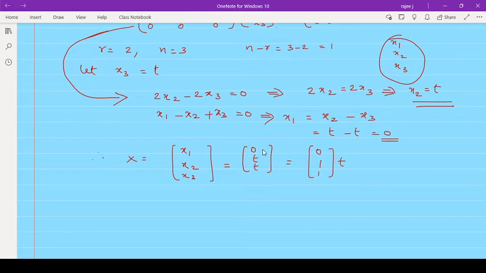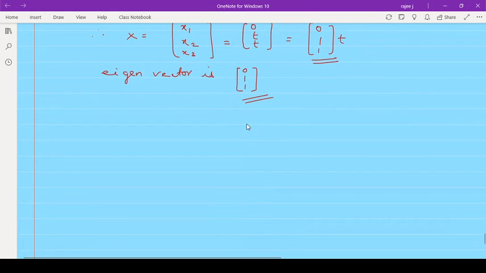So the corresponding eigenvector is 0, 1, 1 or the transpose of this. It can also be a row matrix 0, 1, 1. Okay, so this is the eigenvector for lambda equal to 1.